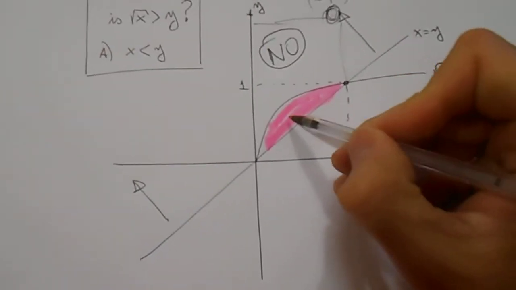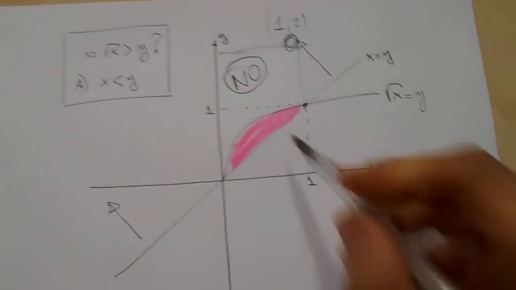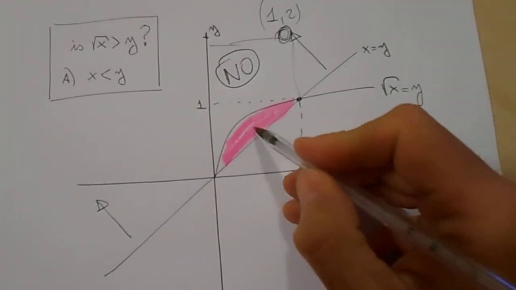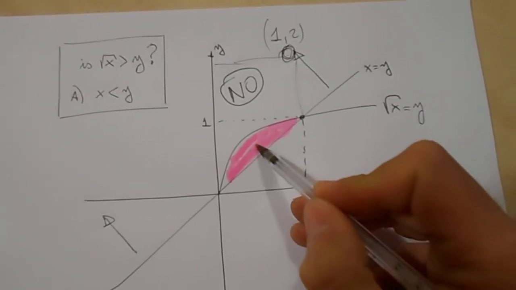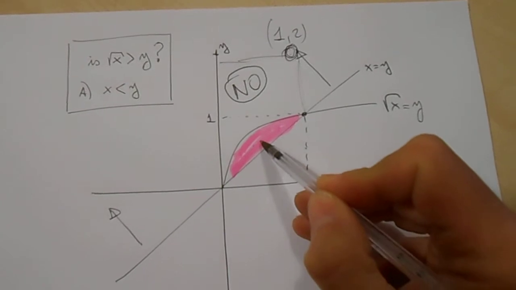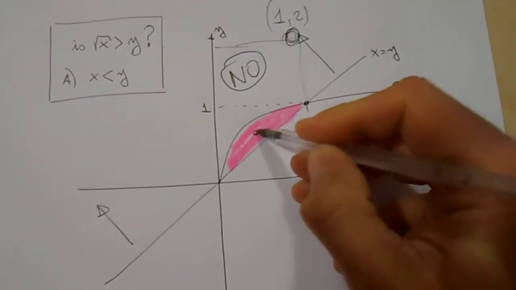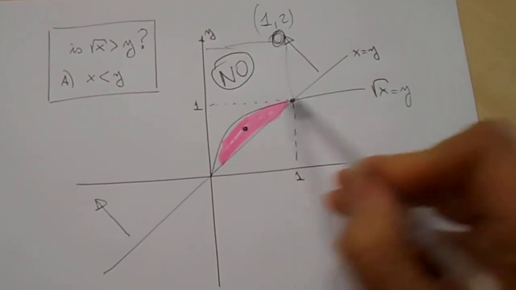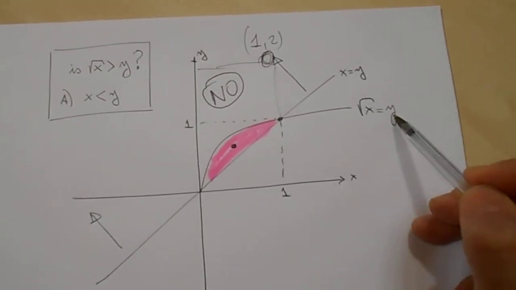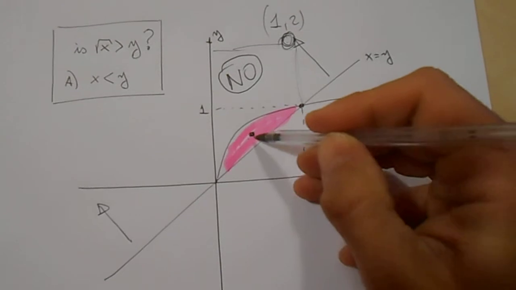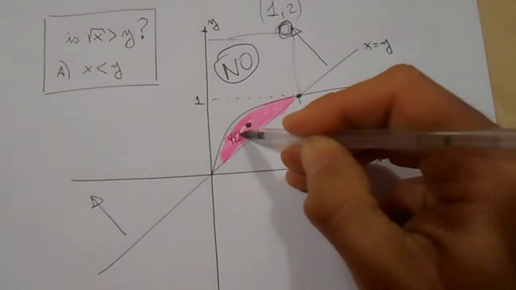The problem is that in the pink area, if I pick a point here, when I do the square root of x, it will actually give me a bigger value than the y I have for a point here. We know it because it's under the curve, where square root of x is bigger than y. So for these points, the answer is yes.